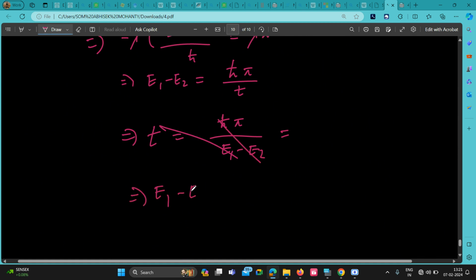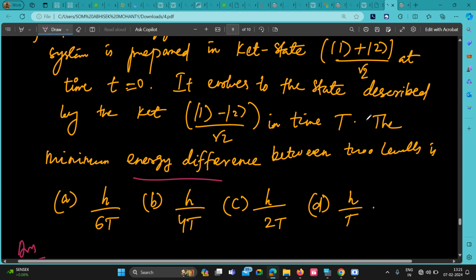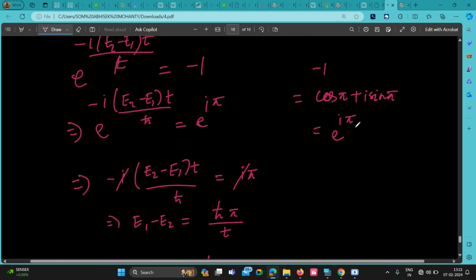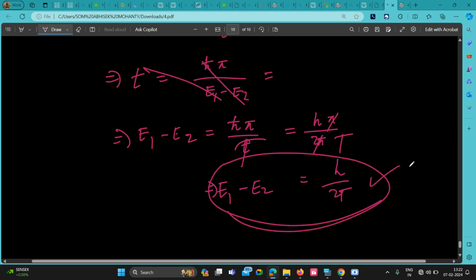E1 minus E2 is equal to h cut pi by T. Okay, h cut can be written as h by 2 pi, into pi into T. It should be capital T, sorry. It's okay, same thing. So pi cancels out. The answer is, the energy difference is h by 2T. Is it clear? This is the energy difference, h by 2T.